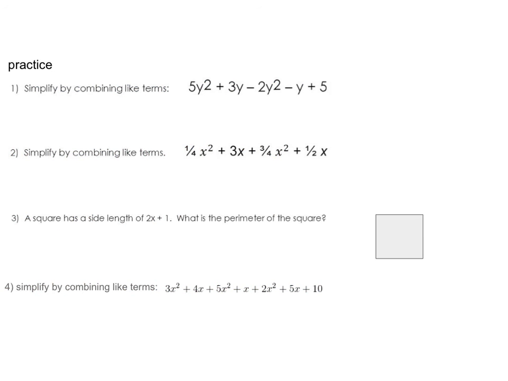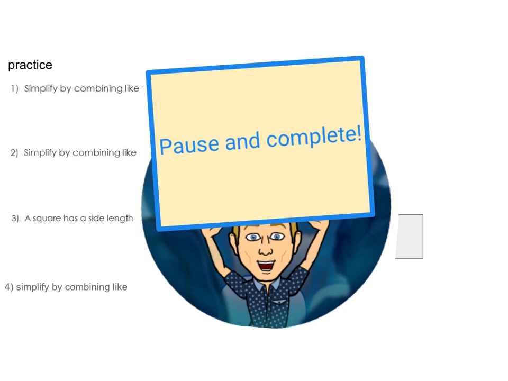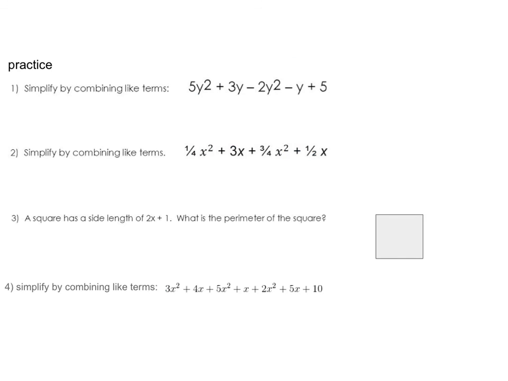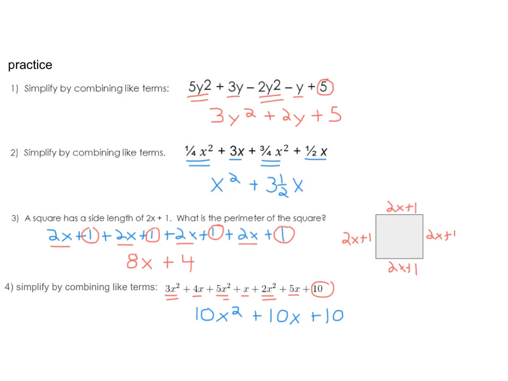Go ahead and pause the video and work on these problems, and then come back and check your answers. All right, check out these answers. Threw some fractions into this problem here. So just to confirm, we have 1/4 plus 3/4.